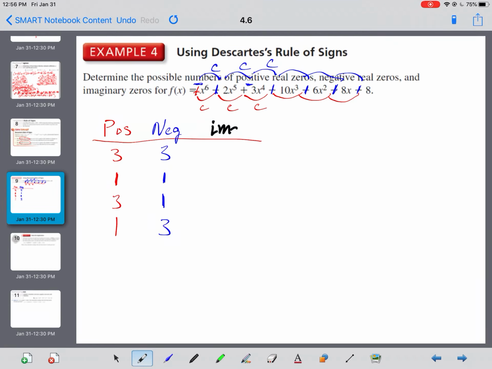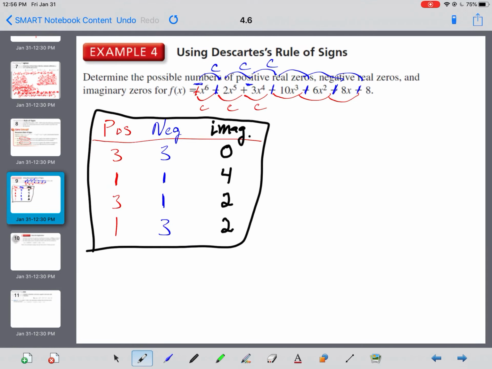And this is my imaginary piece. If I had 3 and 3, I wouldn't have any. If I had 1 and 1, I would have to have 4. If I had 3 and 1, that makes 4, I'd have to have 2. Those are all the possible choices that I could have.